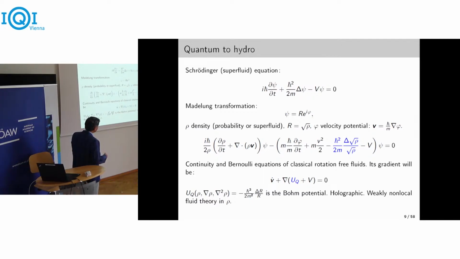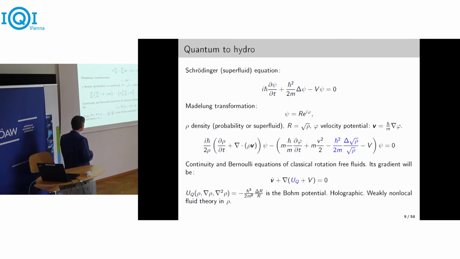for a classical rotation-free fluid, because the velocity field is assumed to have a potential, and the velocity potential is related to the phase of the system. And the gradient of the Bernoulli equation becomes the previously mentioned, let's say, Newtonian form of the equation.